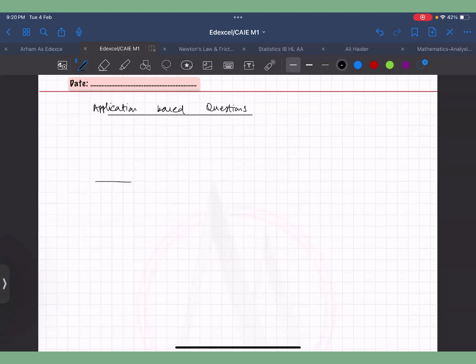So right now, the basic question that is coming to my mind is for a level plane, and this is a block of mass, let's suppose, 5 kg, and there is a force of 200 newton.